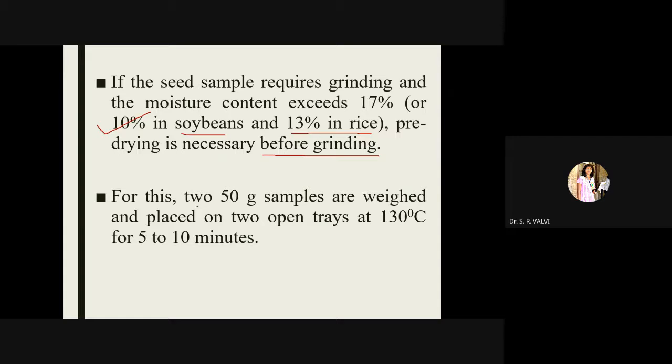So for this, 250-gram samples are weighed and placed onto two open trays at 130 degrees Celsius for 5 to 10 minutes.